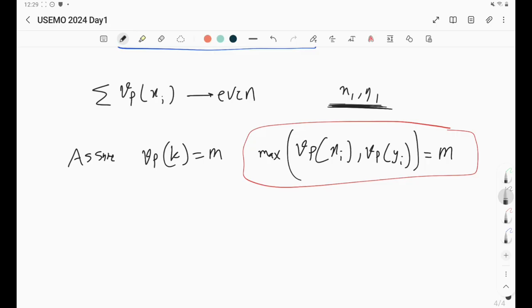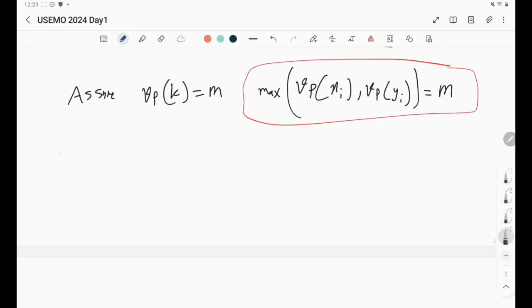So the first case is actually easy if all of them are the same. Now the second case is if three of them are the same. So let's say cases. Case 1 is if all of them are m's: VP of x1 through VP of x4 equal to m.